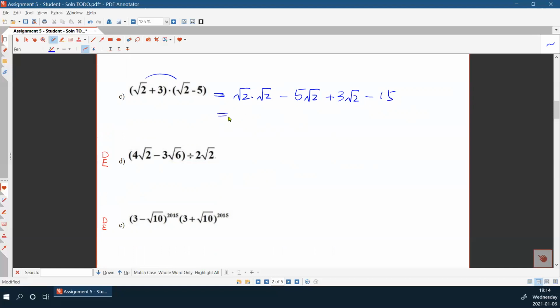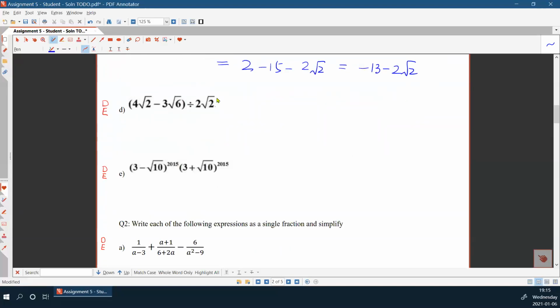Okay, 2 minus 15 minus square root of 2. And the final result is minus 13 minus 2 times square root of 2. Okay, any questions? No? Okay, next one.